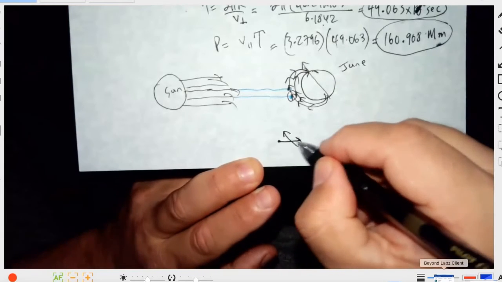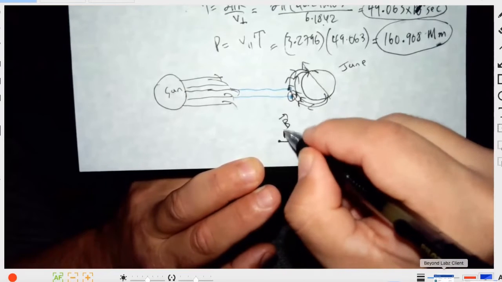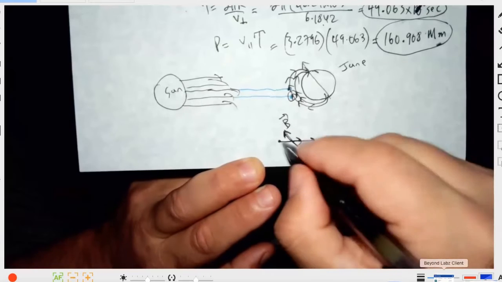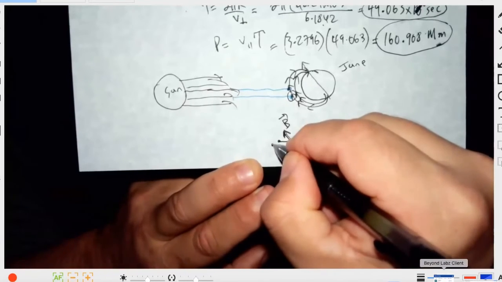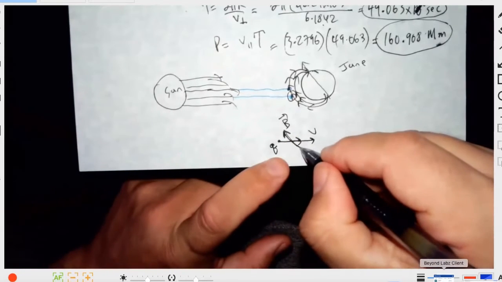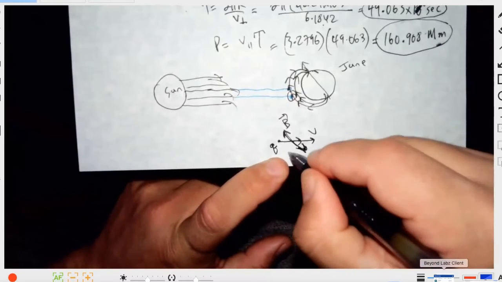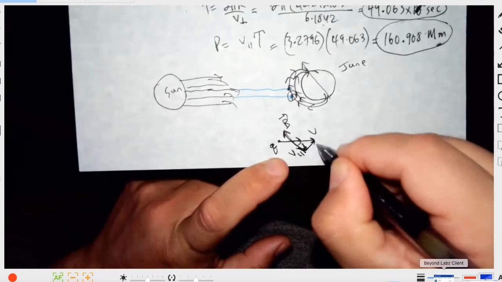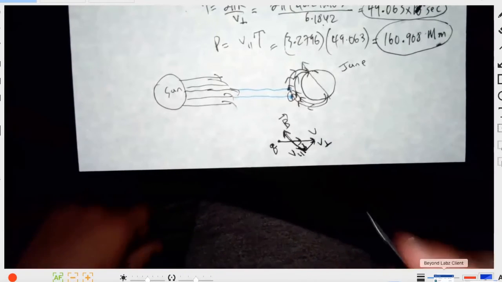It's similar to what we have in this problem. You've got the B field going this way, V going this way, and let's say the charge Q is positive. This is the V parallel, and this is V perpendicular. So what's going to happen?